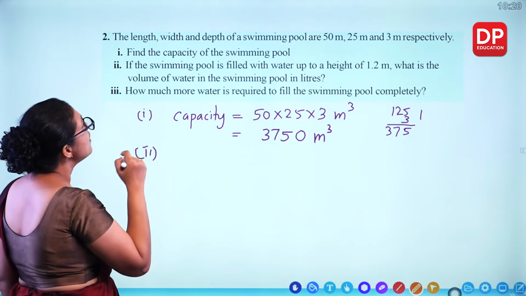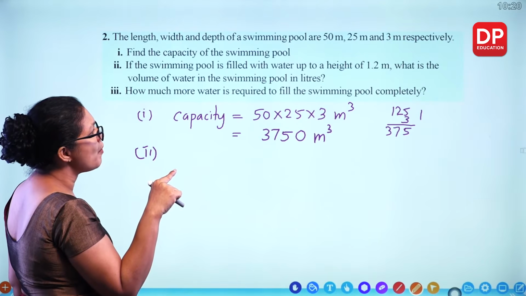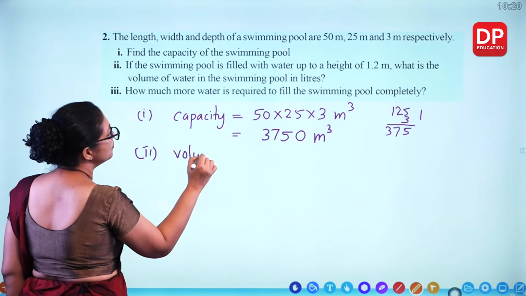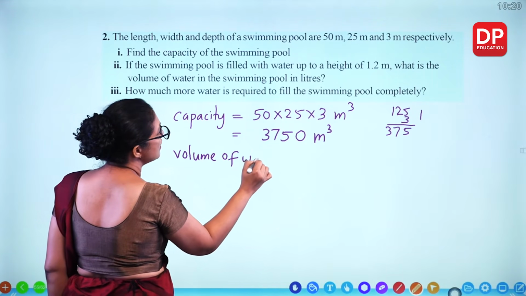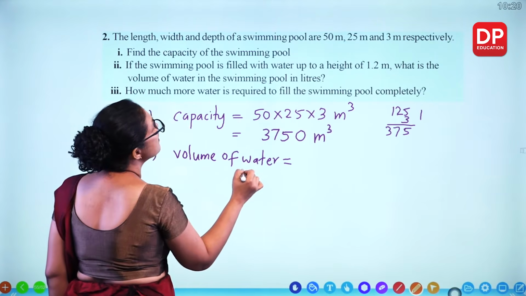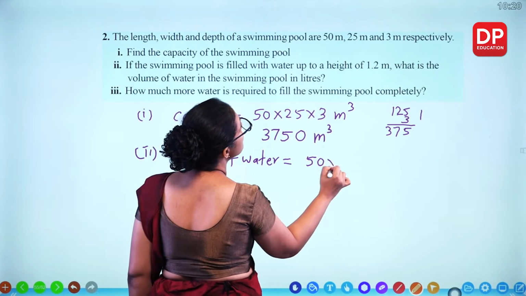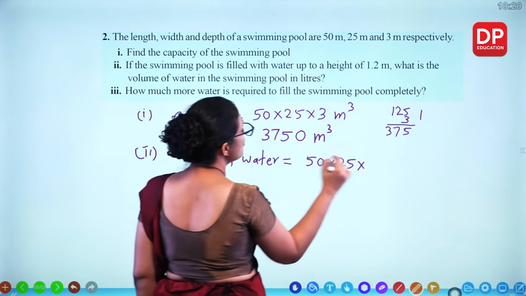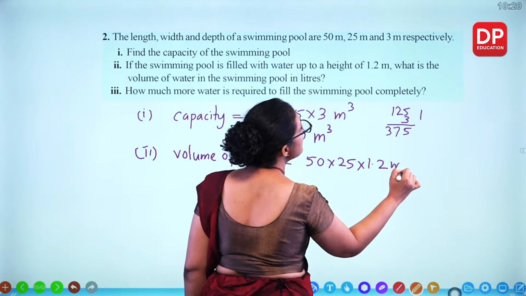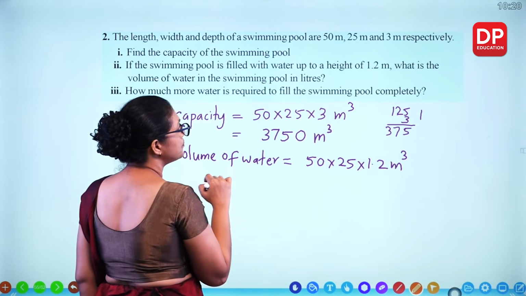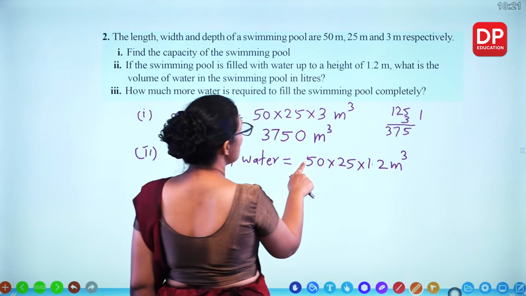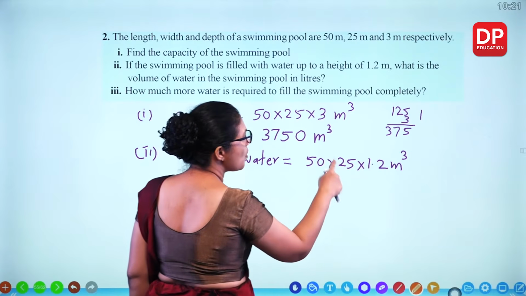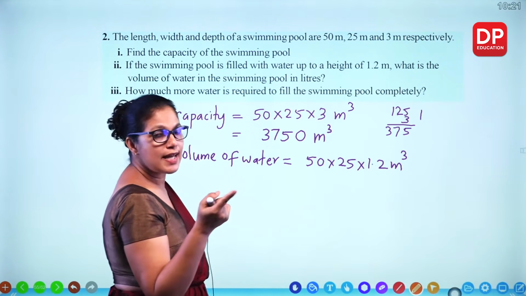Now, if the swimming pool is filled with water up to a height of 1.2, what is the volume of water? Volume of water is, length is 50, width is 25. Now, the height is 1.2. This is in cubic meters. 25 times 5, 125. 125 times 12, because 1.2 times 10 is 12.